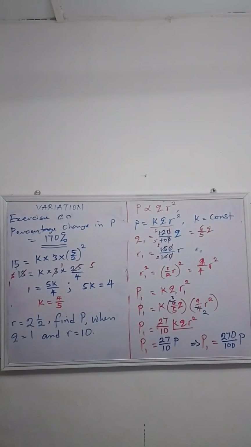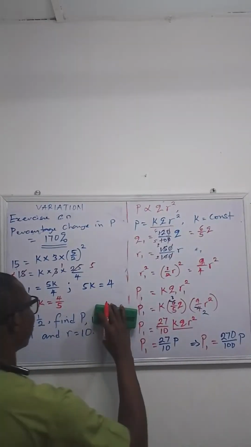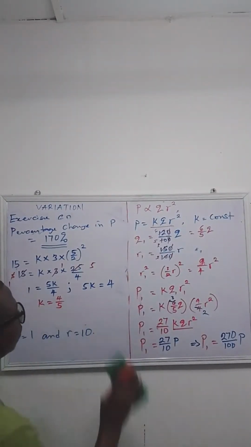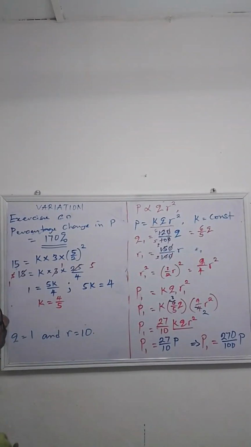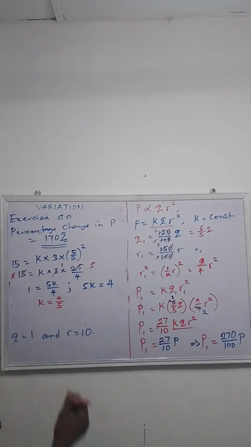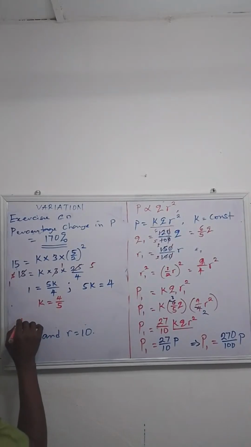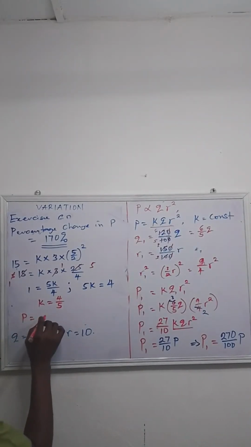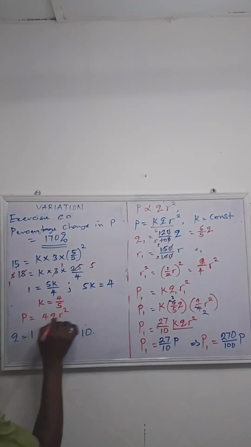So now let's get the connecting formula. What's the connecting formula? Just plug in the value of K. So we have P equals 4QR squared over 5.